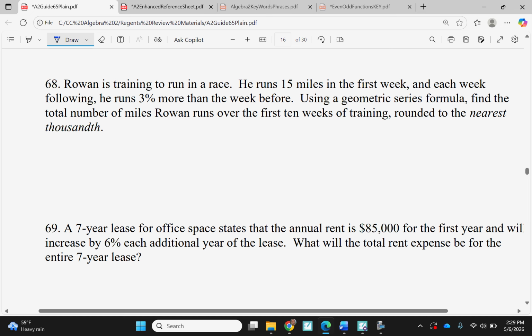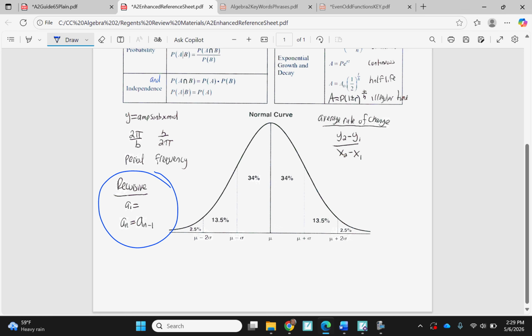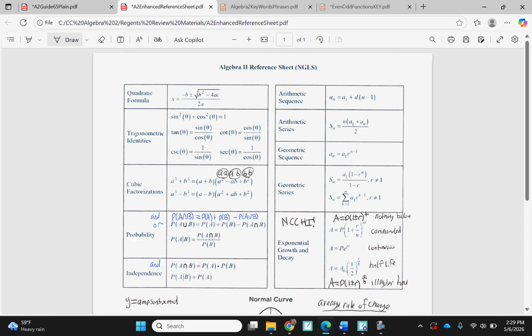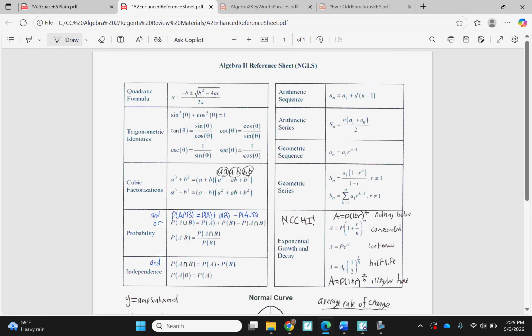A lot of words here. Key word is total. When you see total, if I look at my enhanced reference sheet, total is, oh, I shouldn't write this in here. That's a problem. I got to fix this. Total is Sn.